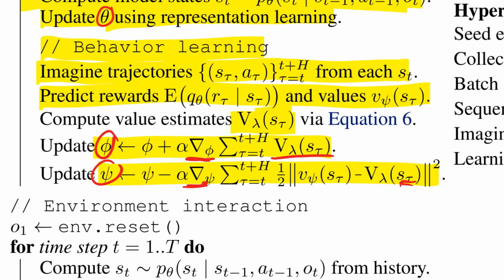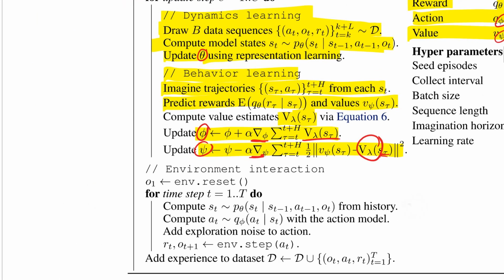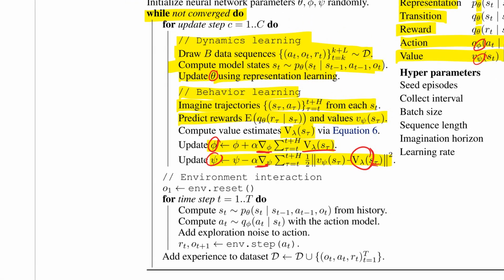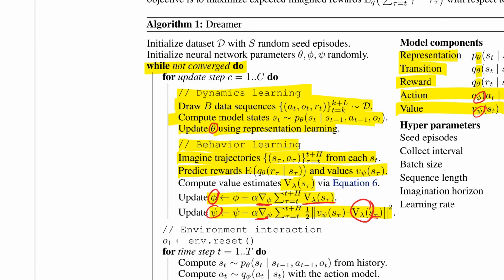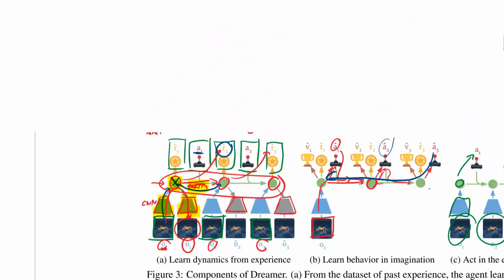I think, in my opinion, the kind of workhorse of this paper might be this quantity here. So how exactly do you compute the value of a state? Especially in these continuous control tasks, you sometimes have a lot of steps.